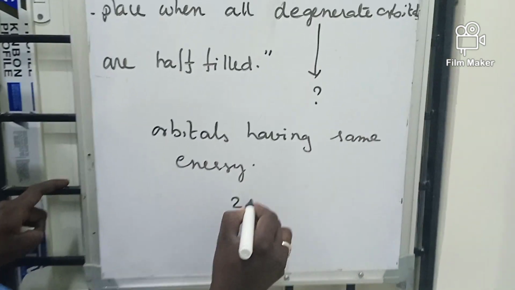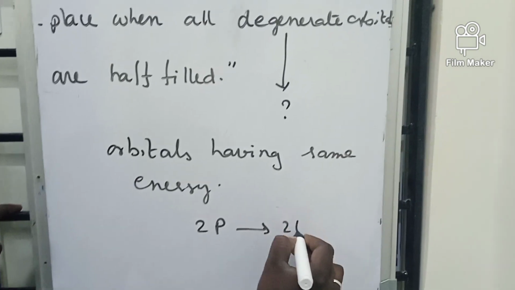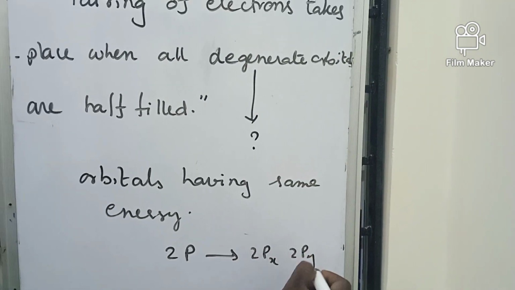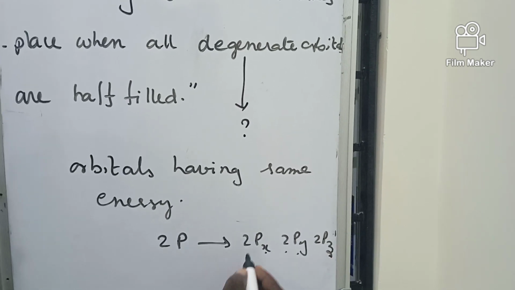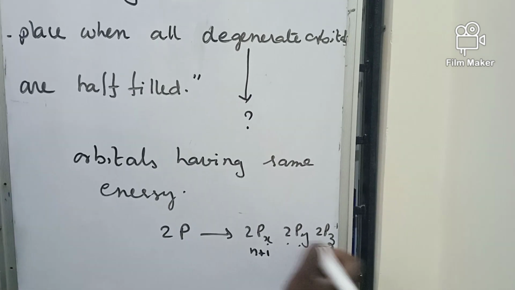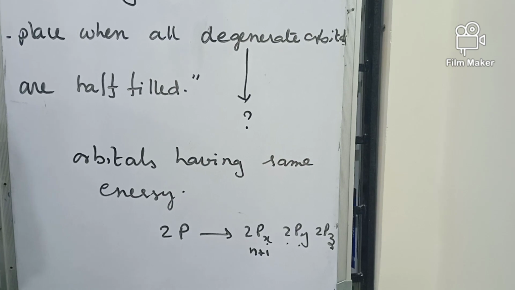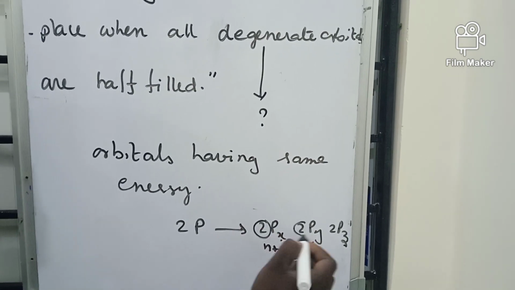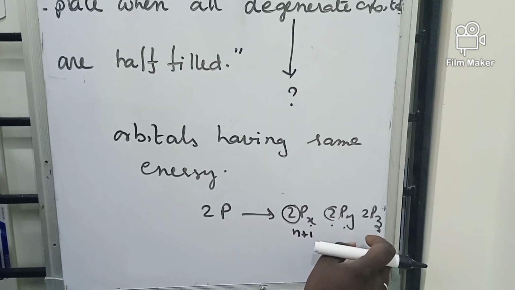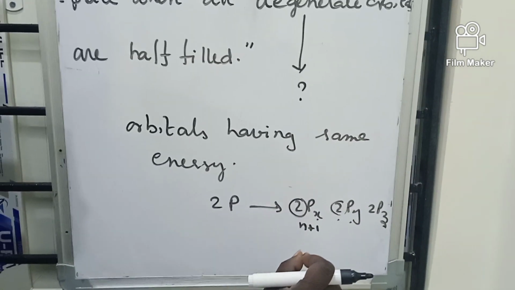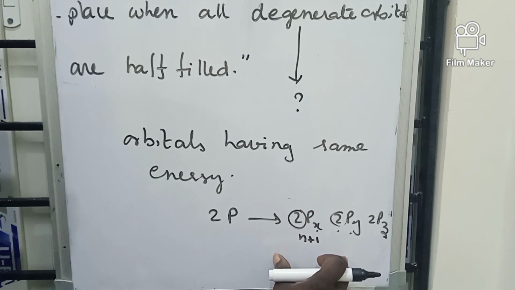Example, in a 2p shell, 2px, 2py, 2pz. These three are degenerate orbitals because their n plus l value is the same, and the n value is also the same. That's why we can't distinguish them. So all are equally energetic. So these are called degenerate orbitals.